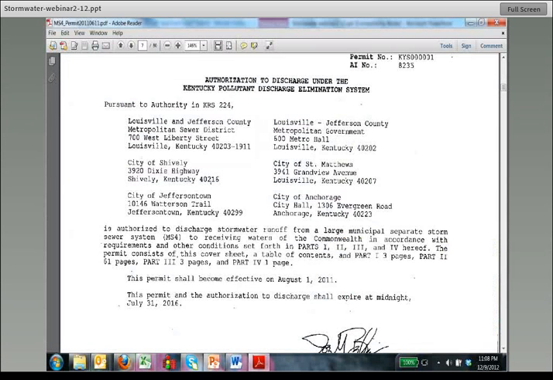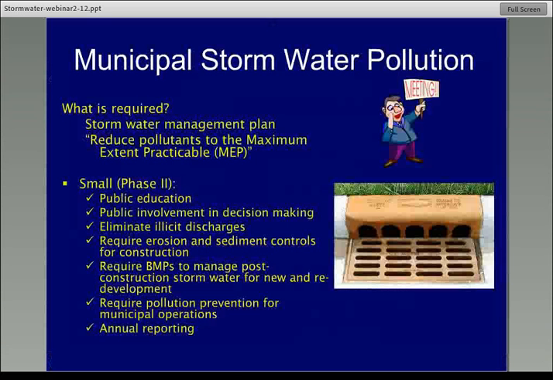All of that will be in what the permit says they have to do, and then what we need to do as well is look at the plans they develop to say how they are going to do those things. One of the things that's important and different about the larger Phase 1 communities is that they do have a monitoring component, and as I'll point out, a required monitoring component.